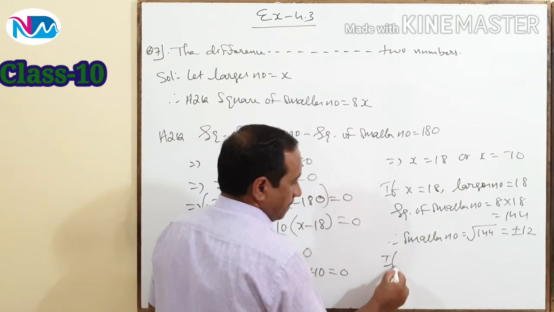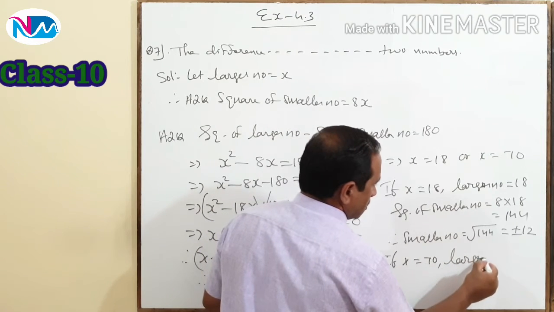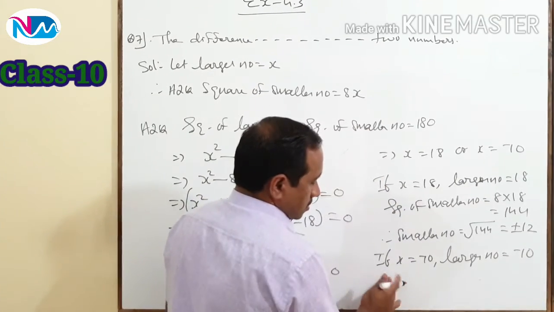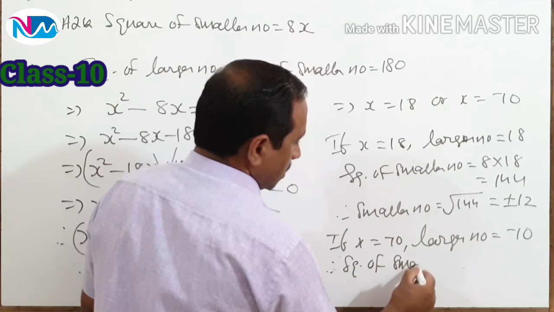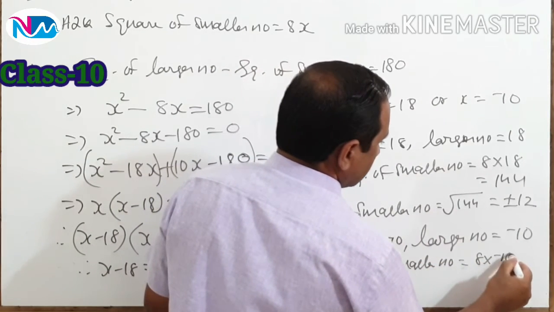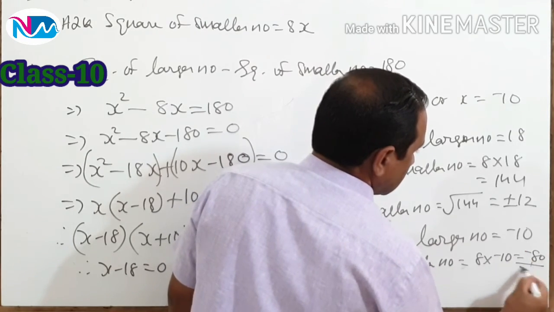If x is taken minus 10, larger number is equal to minus 10. Therefore, square of smaller number is equal to 8 into minus 10, that is minus 80.